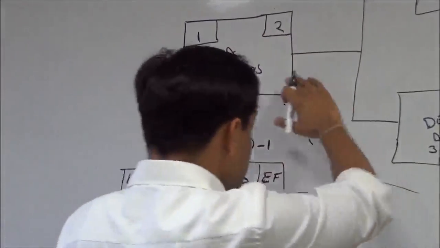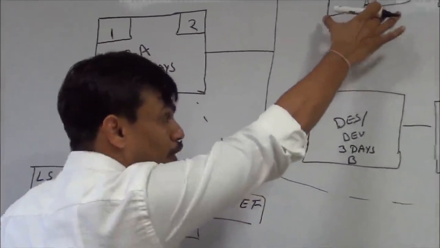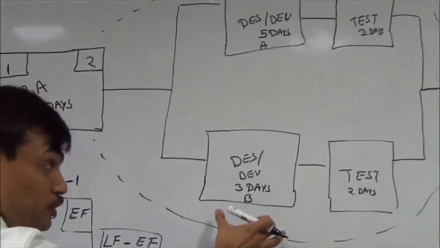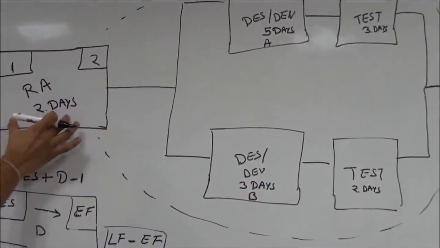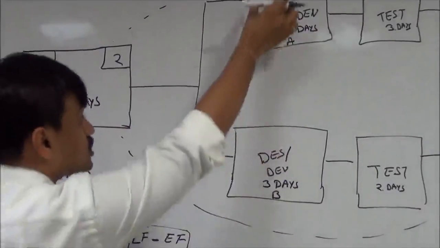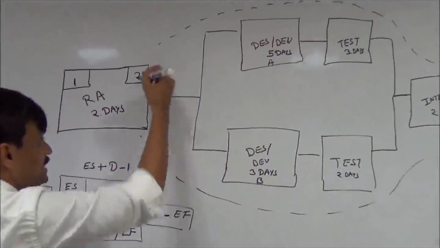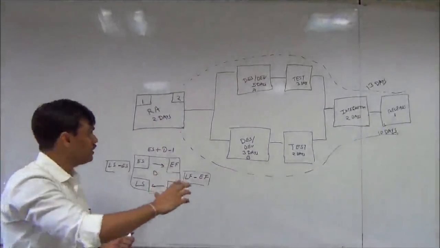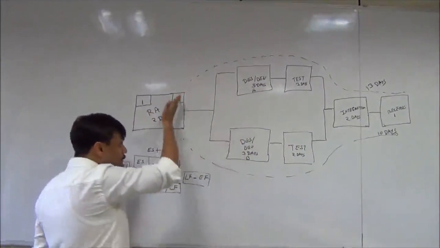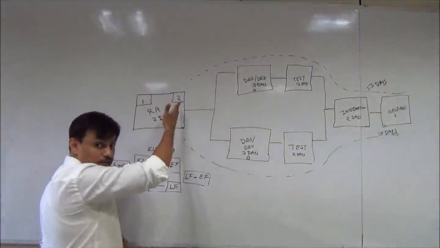Now, since the designing of module 1 and designing of module 2 are dependent on requirement baselining, they cannot start until this activity is finished. Since we are talking about early start time, we need to see the previous activity's early finish time.